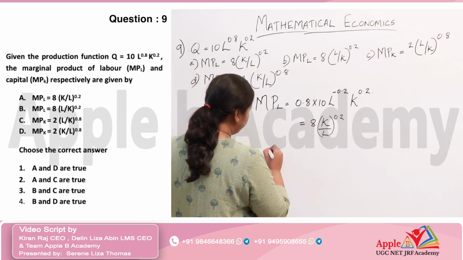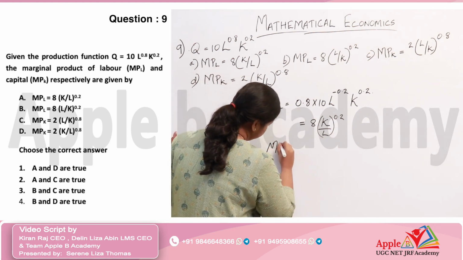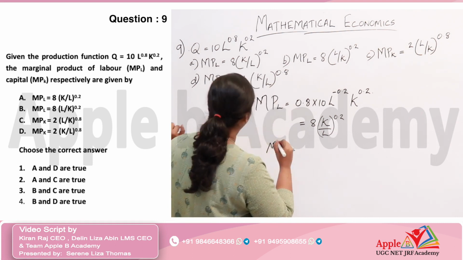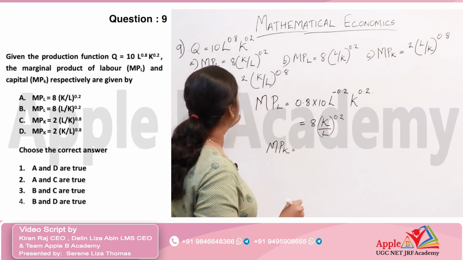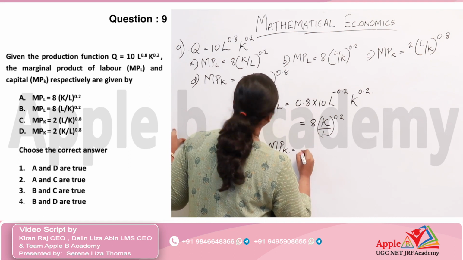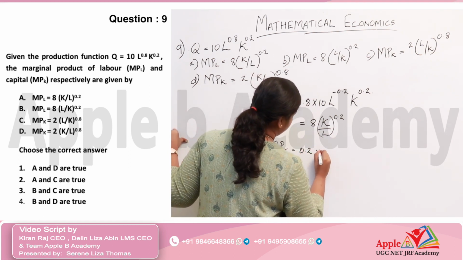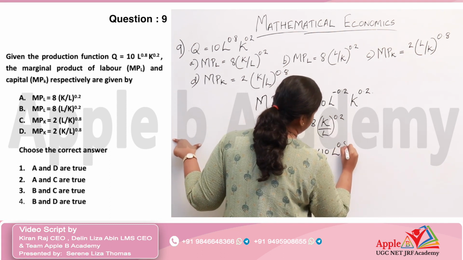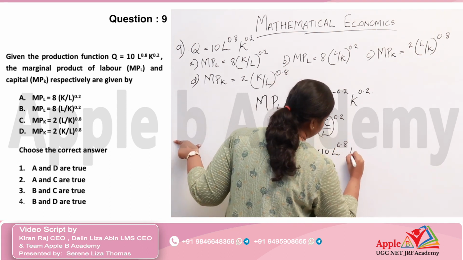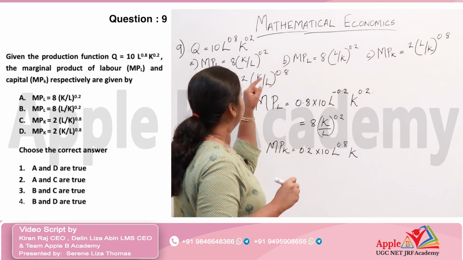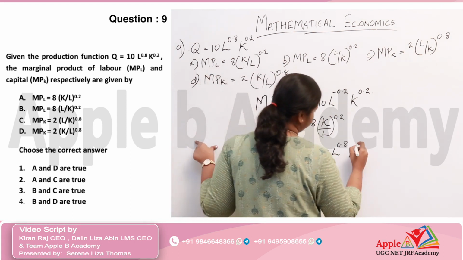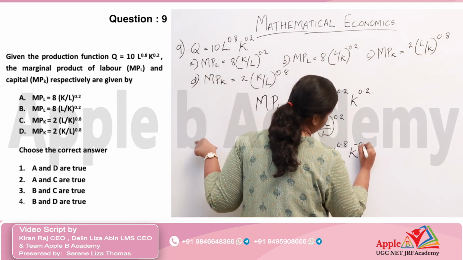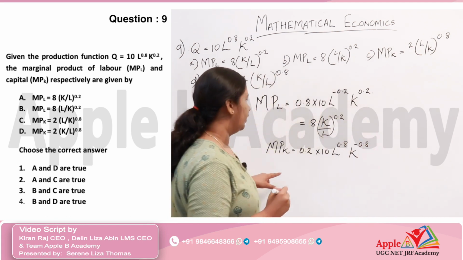Now the marginal productivity of capital. The marginal productivity of capital is equal to 0.2 times 10 L^0.8 K raised to 0.2 minus 1, which is K^-0.8.